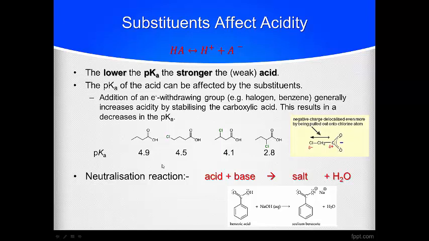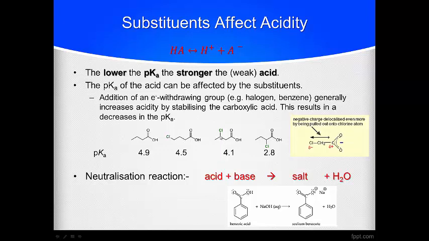So let's have a look here. So we've got pKa, so just the normal, what have we got? Methylpropanoic acid. So just normal butanoic acid comes at a pKa of 4.9. If we add a chlorine to it at the very end, it drops down to about 4.5, so it's getting a little bit more acidic because we've got that pull of electrons away from the carboxylate anion.